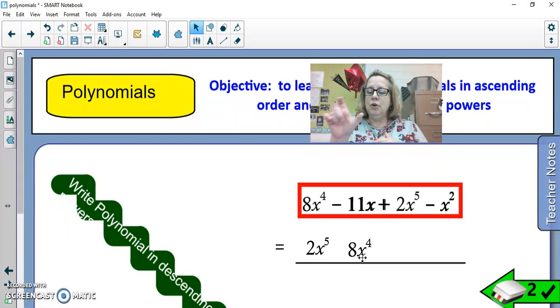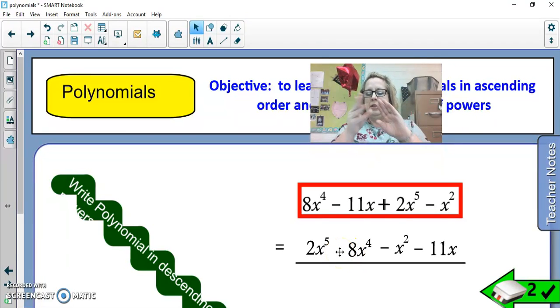My next term would be minus x squared. And my last term would be minus 11x. And there should be an addition symbol right here, so I would add that. But that would be your new expression in descending order.